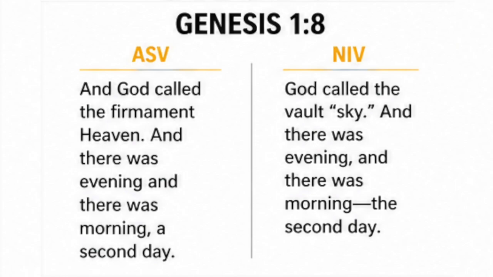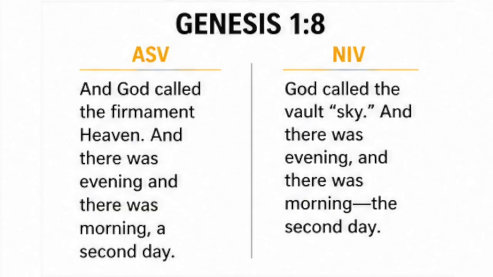This verse is not creating new material, it is naming what was already formed. Structure so far: day 1, light versus darkness; day 2, waters divided, sky space created, heaven space created for me.